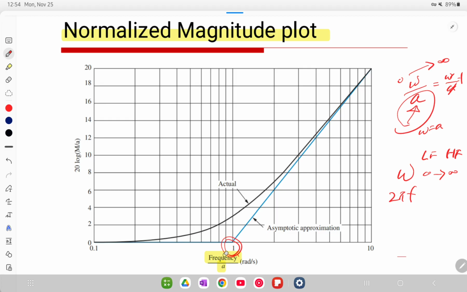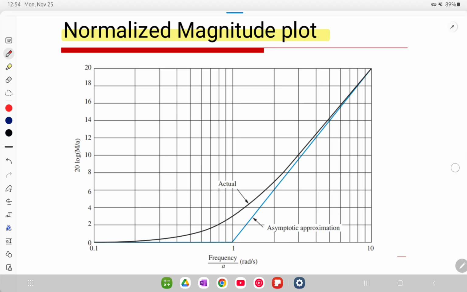So the nice thing about this normalized magnitude plot is you can compare what happens to the system at different frequencies, and you can normalize it all to 1. Depending on how these graphs come out, you can tell and compare systems with different frequencies.